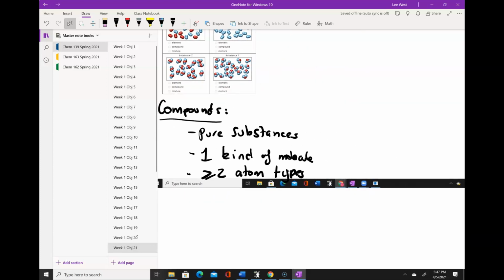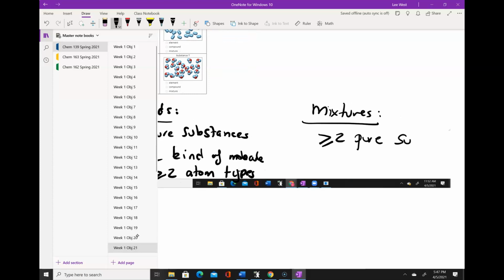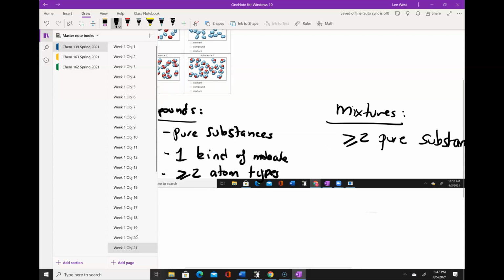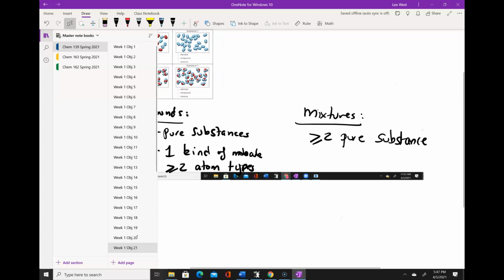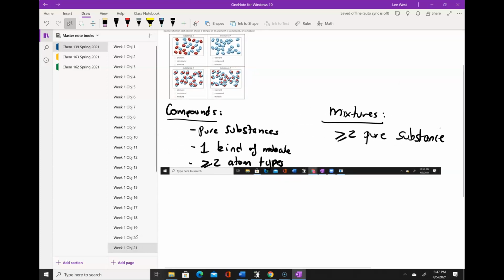Okay. Now, mixtures have more than one pure substance present. And remember, pure substances are of two types. They're either compounds or elements. So if you have more than one type of pure substance present, then we know it's a mixture.